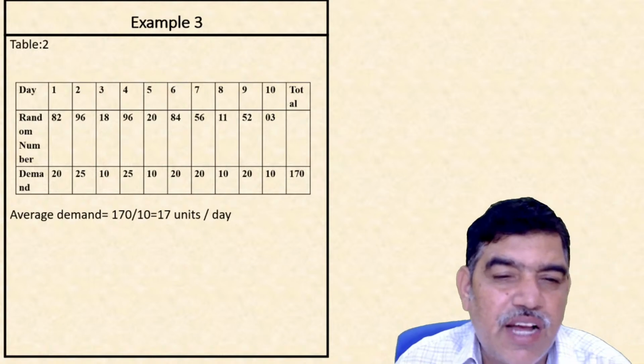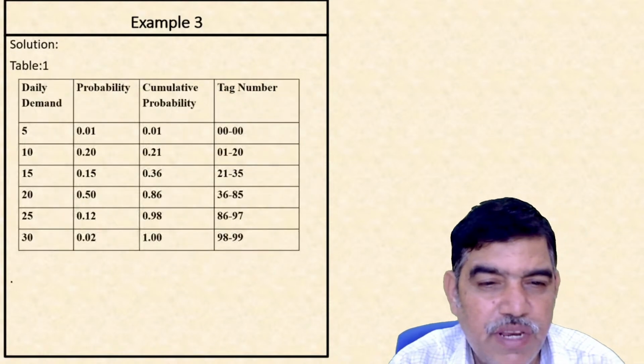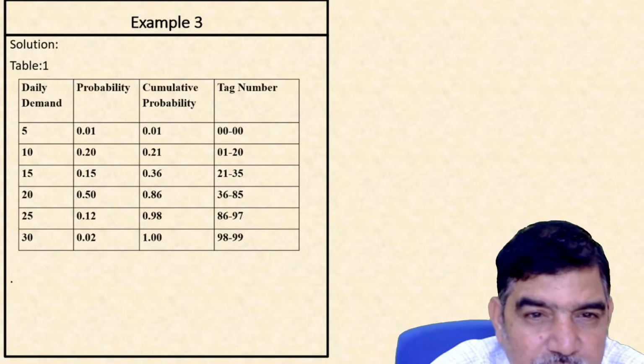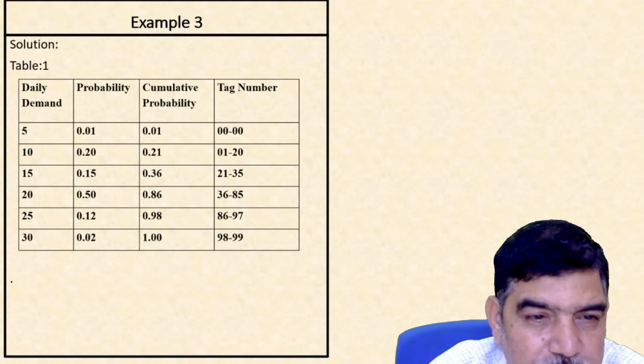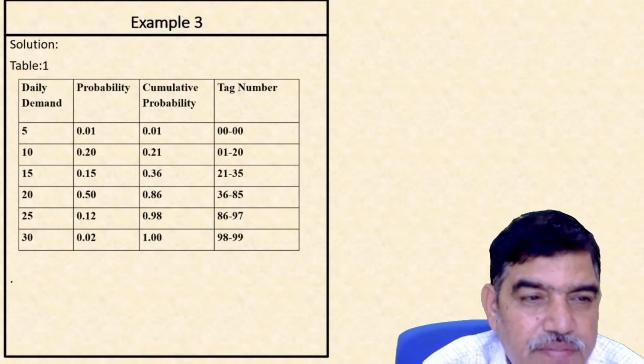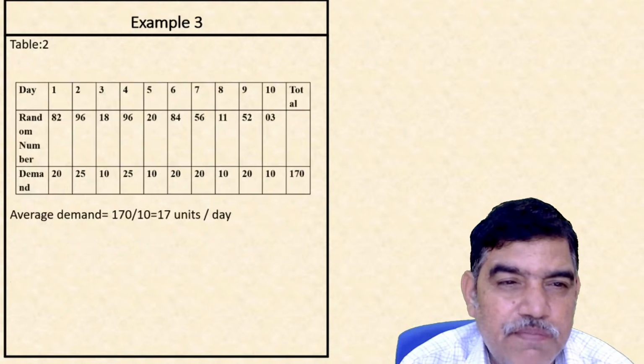Then demand is as per the tag number. 82 belongs to, in this question, 82 from the tag number, it becomes 20. That is our tag interval is 36 to 85.